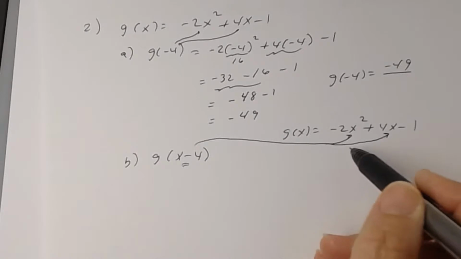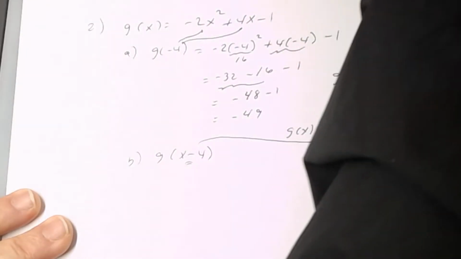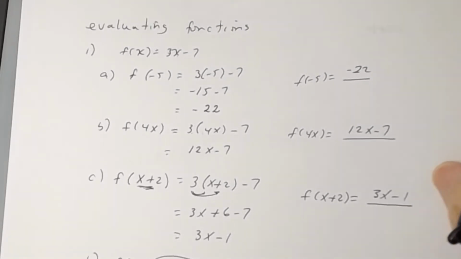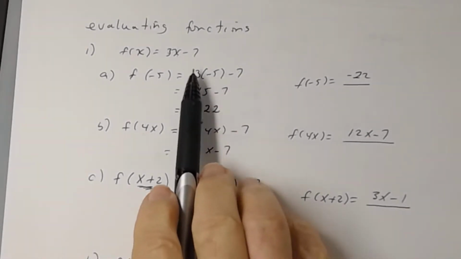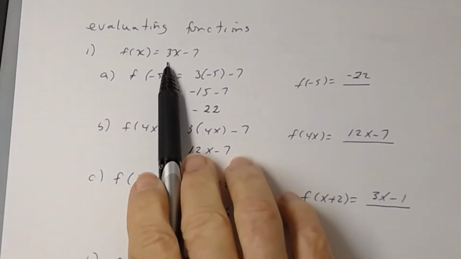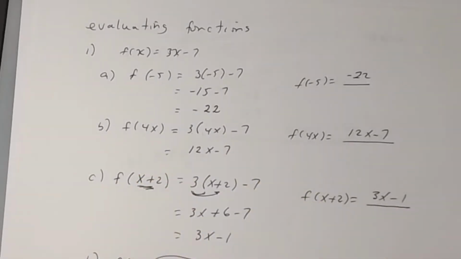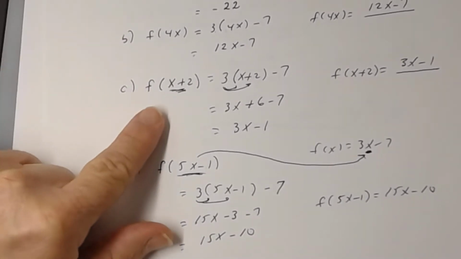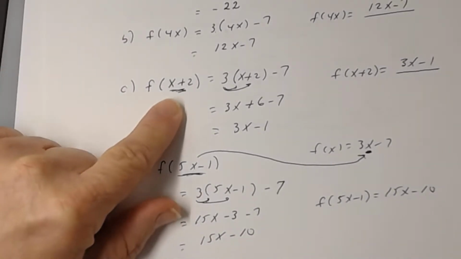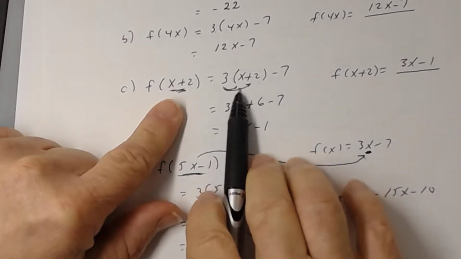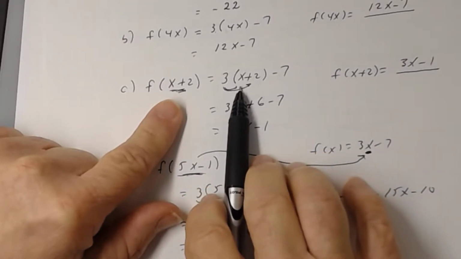Now remember, in the previous problem, f of x was what kind of function? A linear function. So when I found f of x plus 2, it wasn't difficult. I used the distributive property.